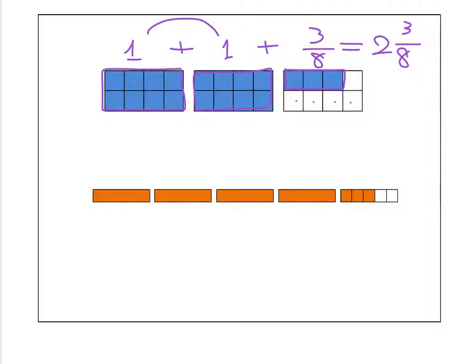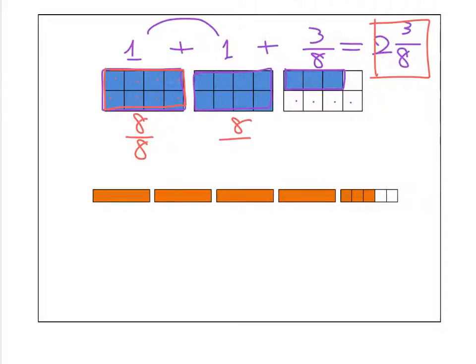Okay? I'm going to change the color of my pen to red. I want you to use another way to express the same quantity of 2 3/8. Notice in this one, didn't I have 8? I split it into 1, 2, 3, 4, 5, 6, 7, 8 parts. But since I'm taking all 8s, 8/8 is 1, right?